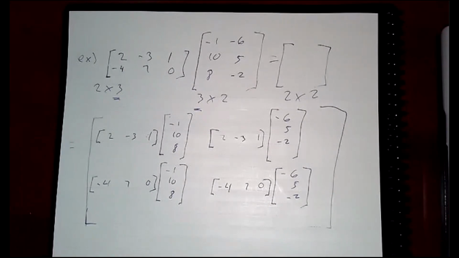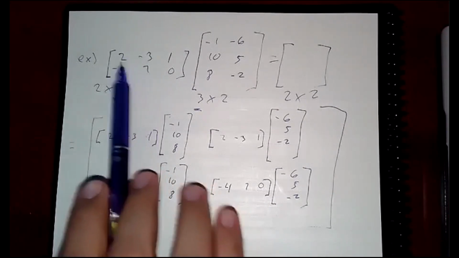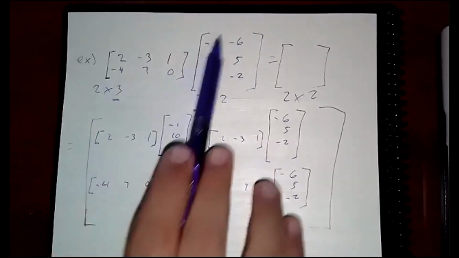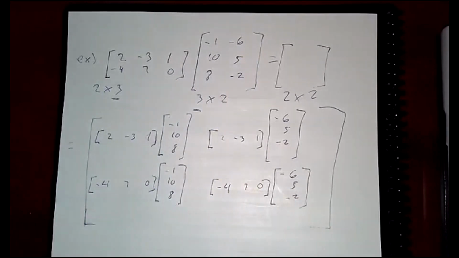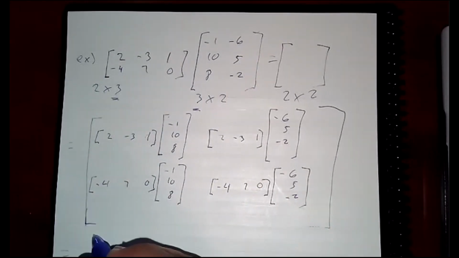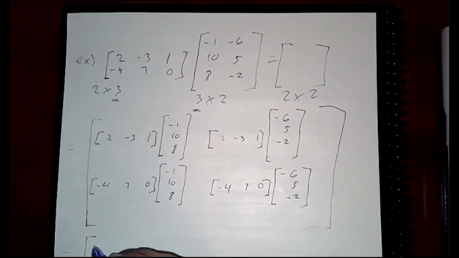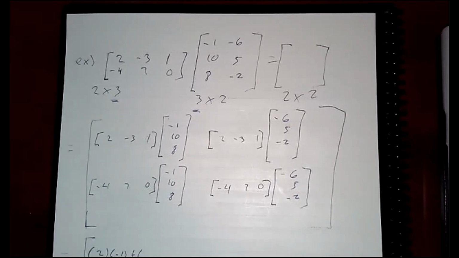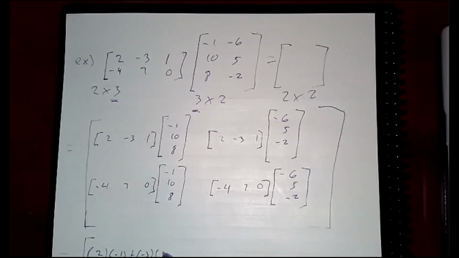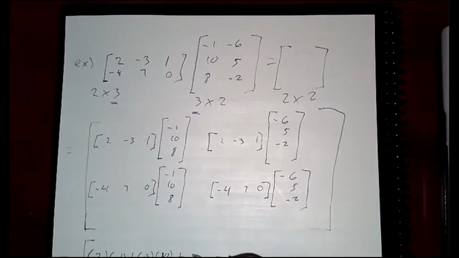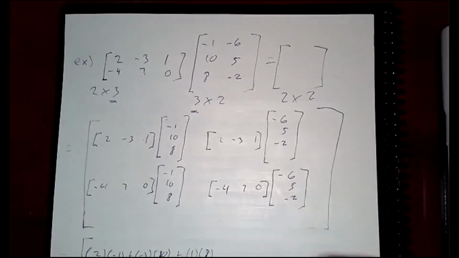Okay, you guys see where this is coming from, right? It's this row times that column, this row times that column. And then you go to the next one, that row times this column, and so forth. So then you just start multiplying, right? For the upper left corner, you do 2 times -1 plus -3 times 10 plus, what's the ugly one? 1 times 8.